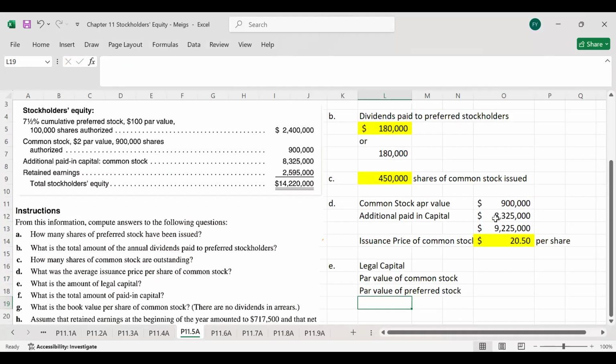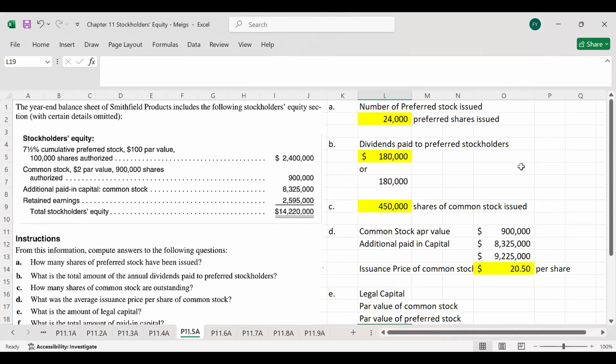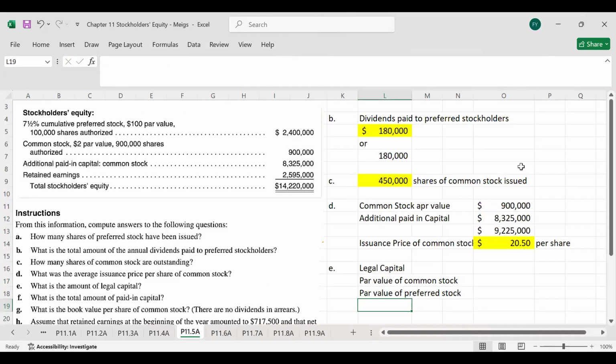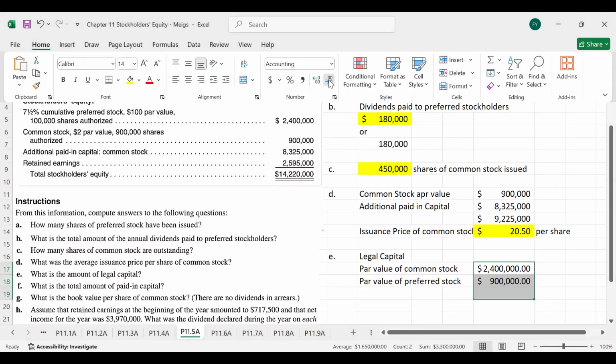So legal capital. The par value of preferred stock is given, which is 2.4 million. And here you can see both values are legal. So 2.4 million plus 900,000. You can see this is the dollar amount.